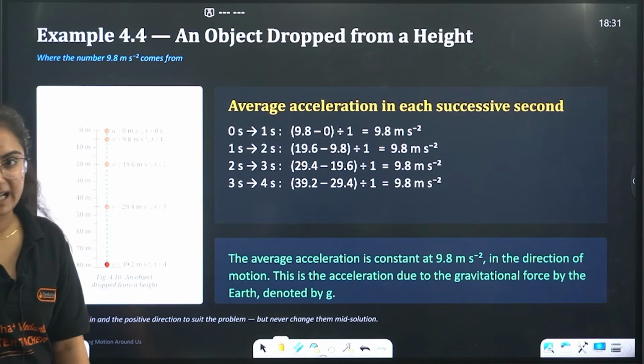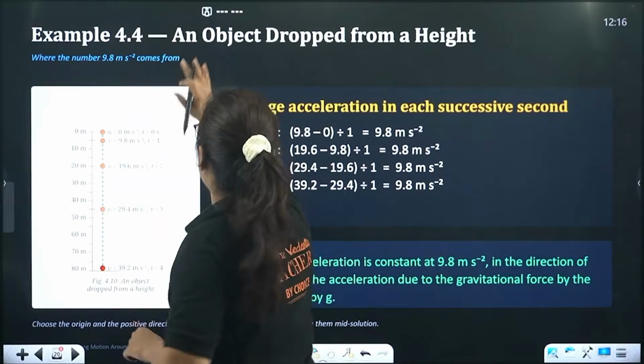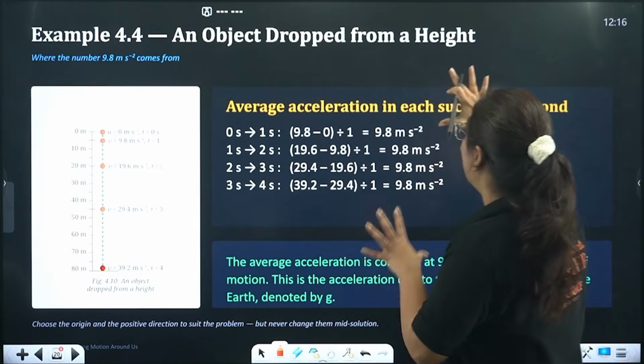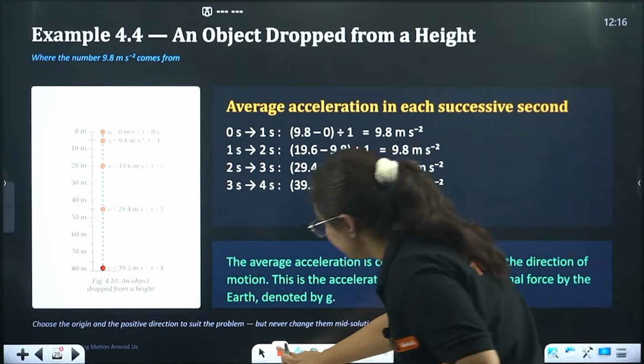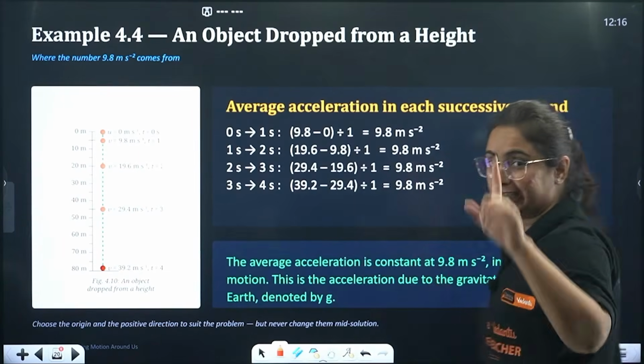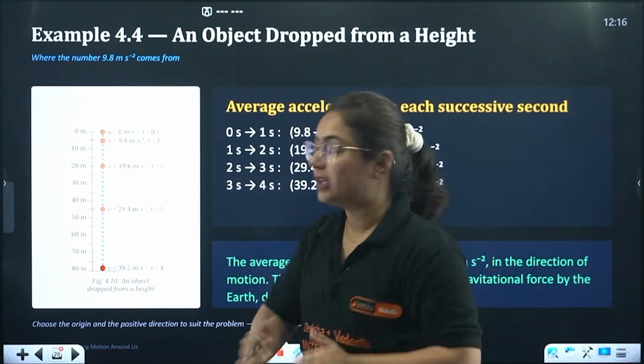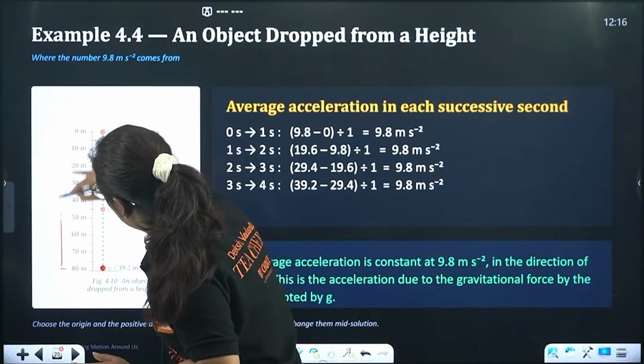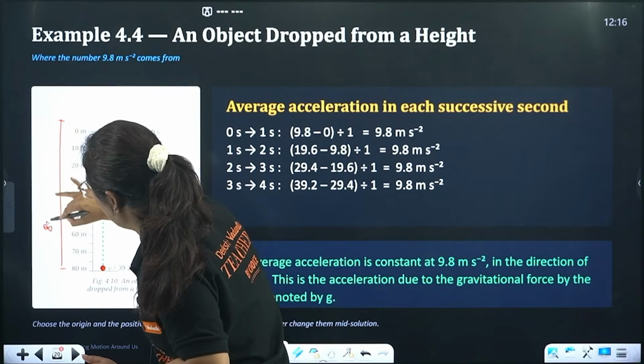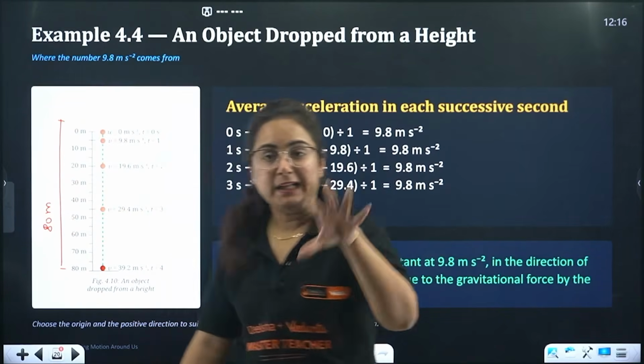Okay, right? We have one more example, the example of an object dropped from a height. So now, see, this is the example taken straight from your NCERT. There is an object at a height of 80 meter. How much, beta? 80 meter.